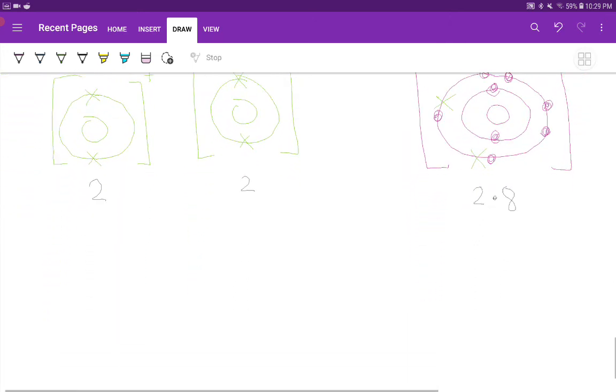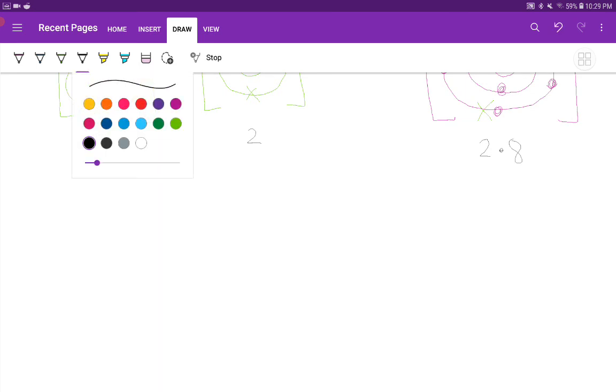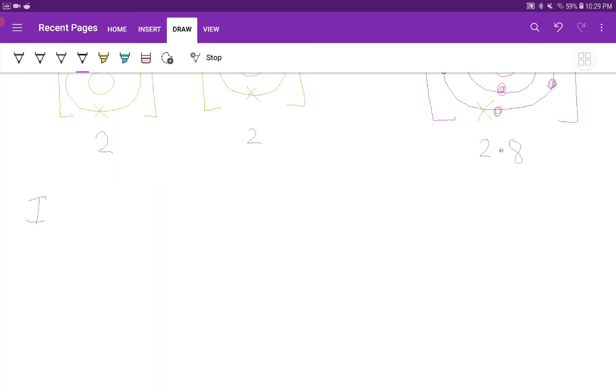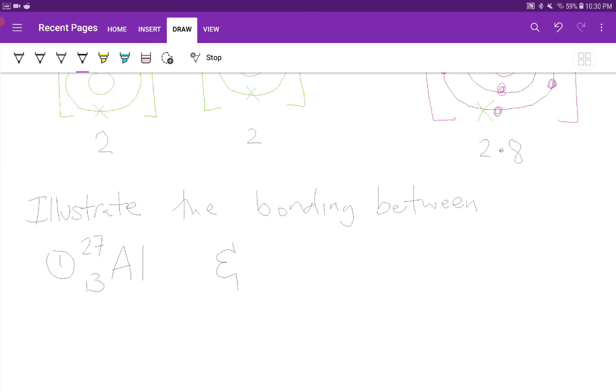Let's test your understanding. I want you to try to illustrate the bonding between aluminum and fluorine.